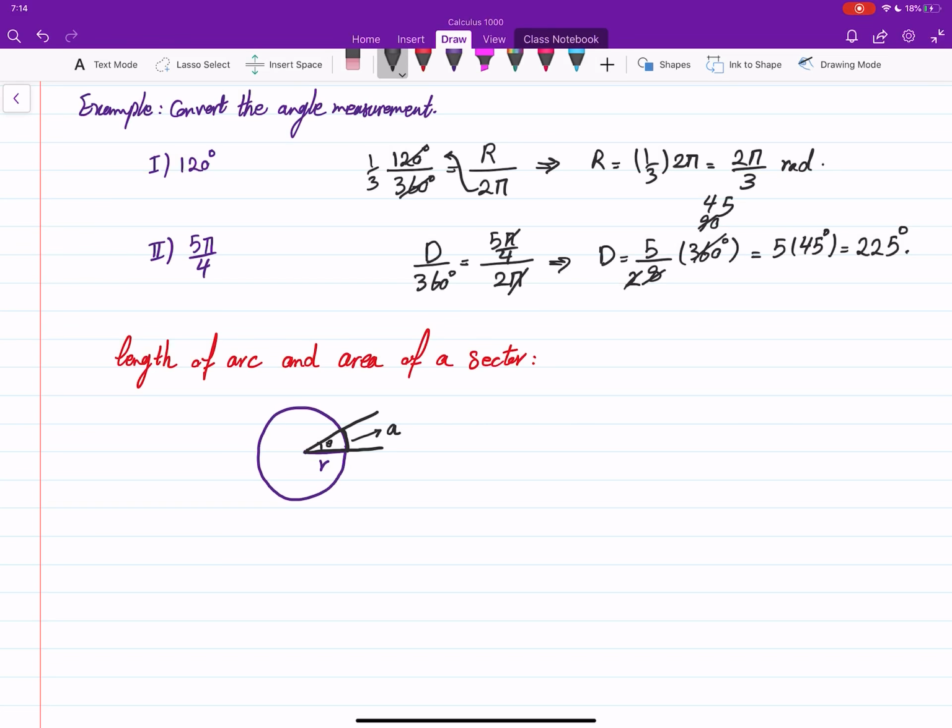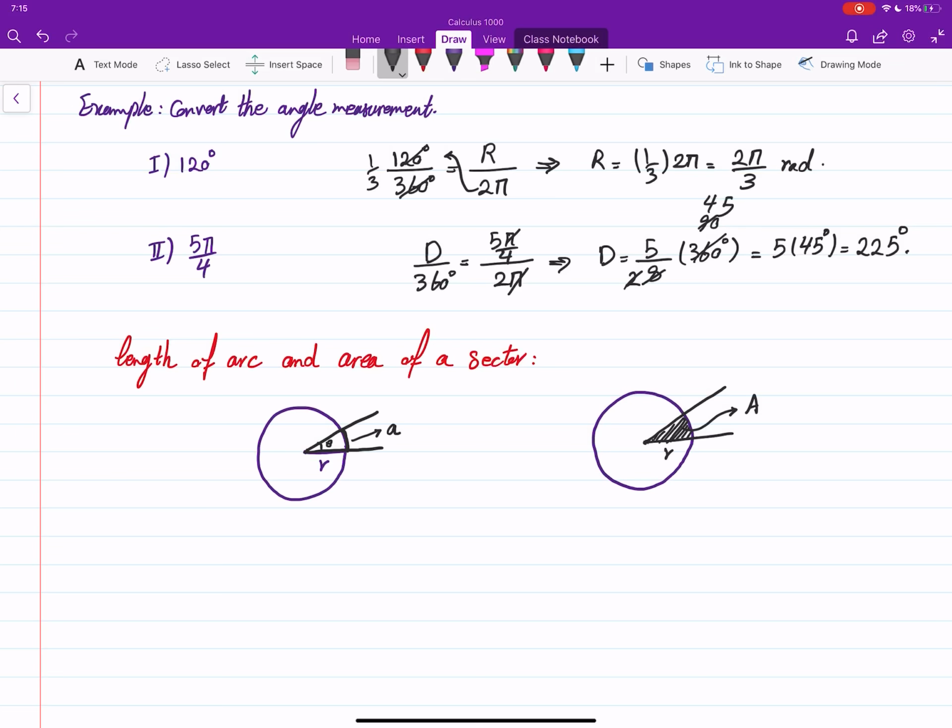Also, you can ask, if I place my angle as a central angle on the circle with radius r, then there will be this piece of the circle, we call it a sector.